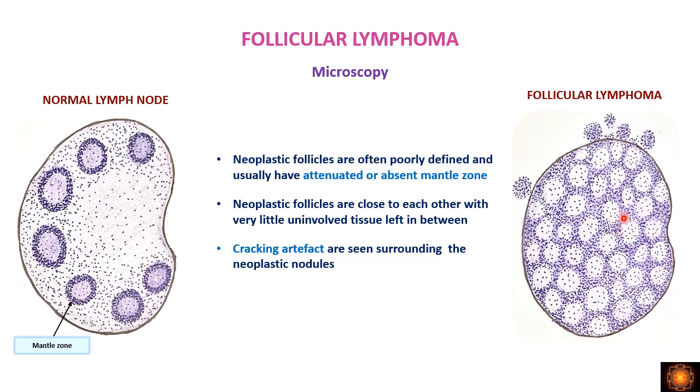They are very closely packed, and we even see a cracking artifact, a cleft-like space, in between the neoplastic follicles. So these are the microscopic differences between the follicles we see in reactive hyperplasia and the follicles we see in follicular lymphoma.